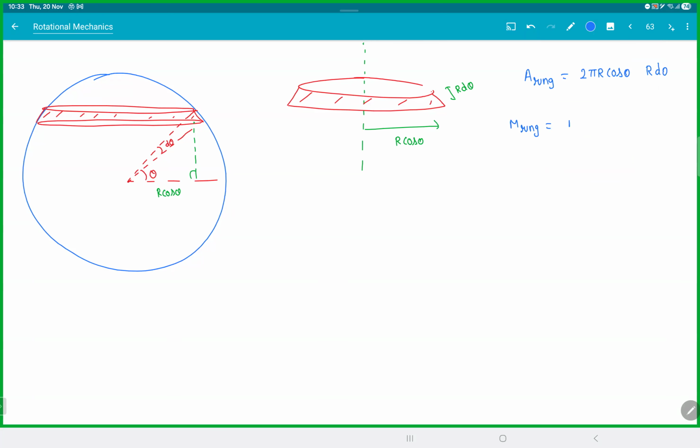Mass of the ring, total mass by total area, m by 4 pi r square, into area of the ring, 2 pi r square cos theta d theta. Moment of inertia of the ring, mass of the ring into radius square. Mass of the ring will be m by 2 cos theta d theta. Radius of the ring is r cos theta, squared.